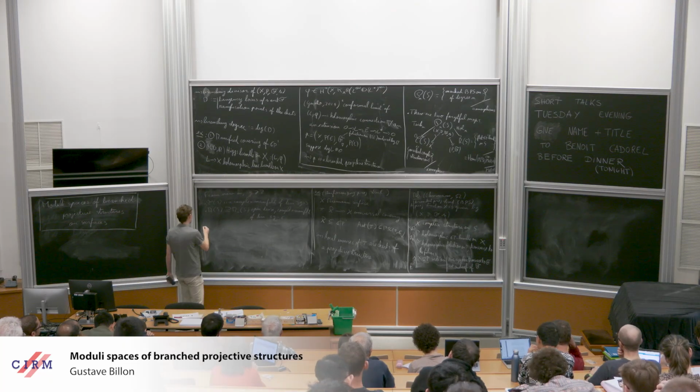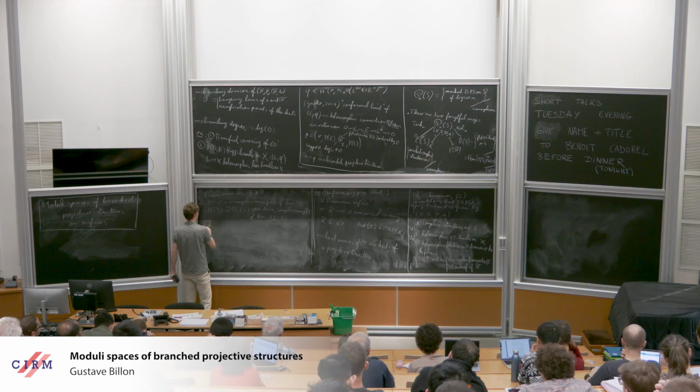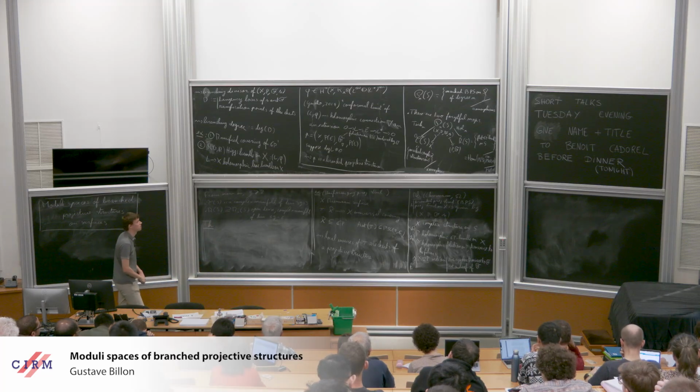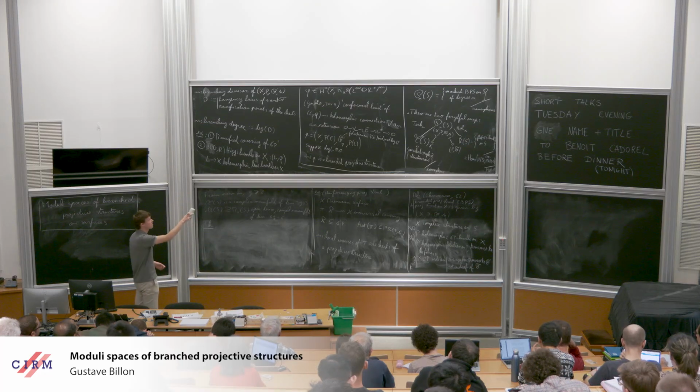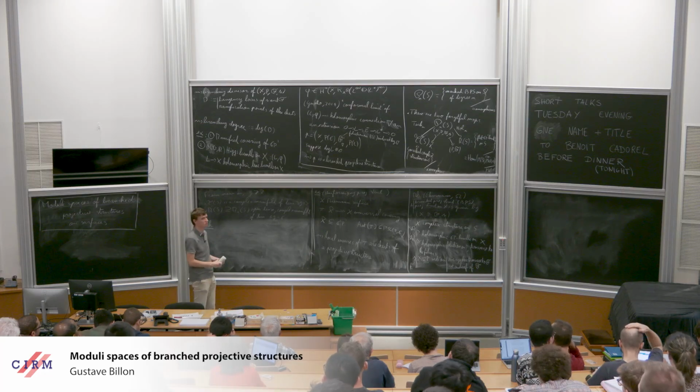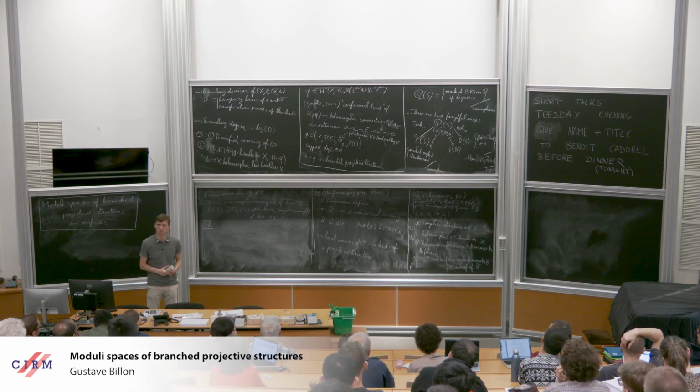And so in the unbranched case, when the branching degree is 0, so for projective structures not branched, these two maps are very particular, and it's a very classical result.